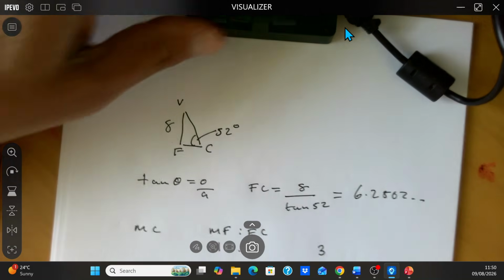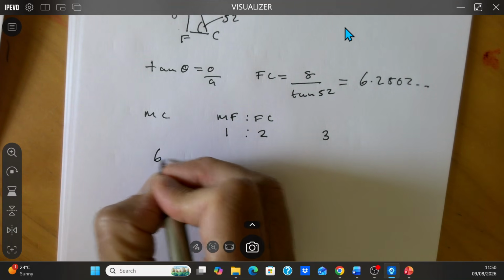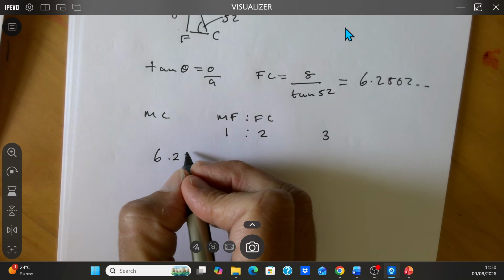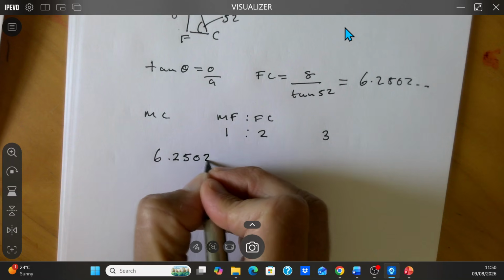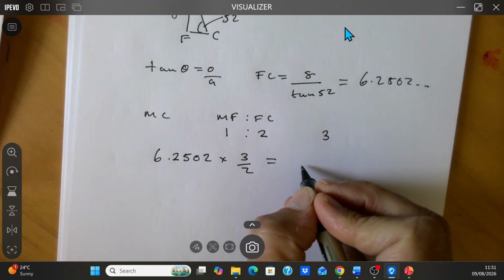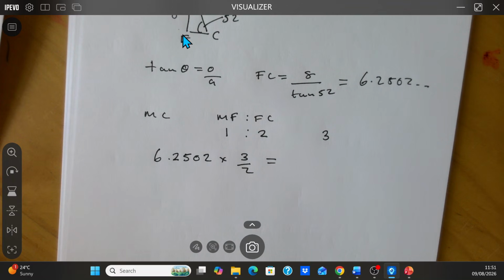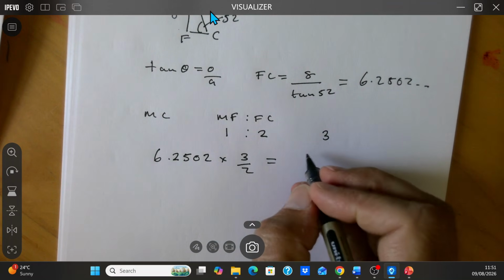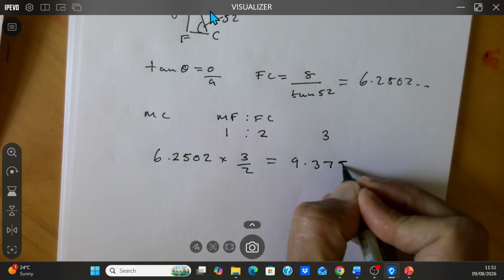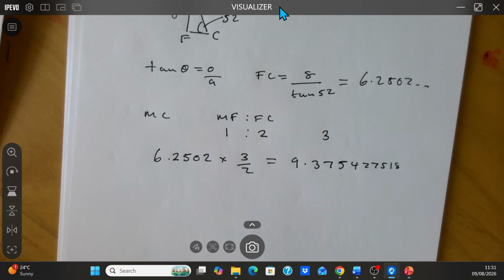We've got 2 parts of it, so 6.2502 times by 3 over 2 gives me, sorry, that's not MC, is it? Yeah, it's MC. Gives me 9.375427518.